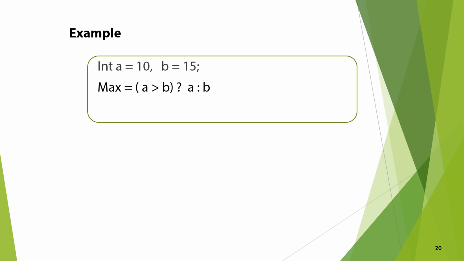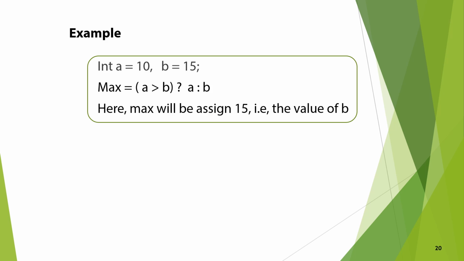Here A is equal to 10 and B is equal to 15. So we will check whether 10 is greater than 15. The answer is no, that is, the answer is false. Therefore, expression 2 will not be evaluated. Expression 3 will be evaluated. That is, B will be evaluated, and here the value of B is 15, and that will be the result of the total expression. So the value of B, that is 15, will be assigned to the variable max.